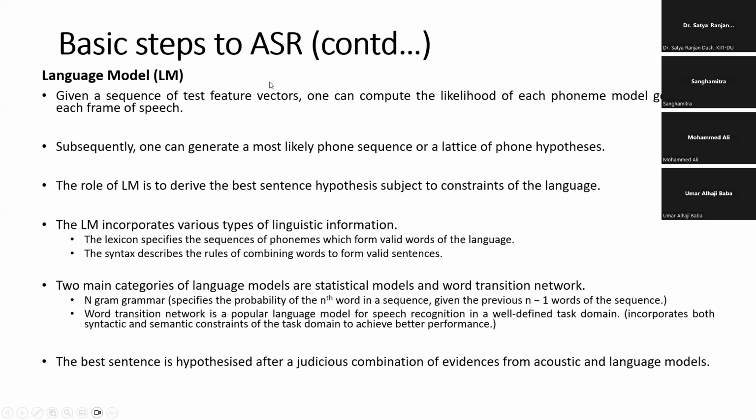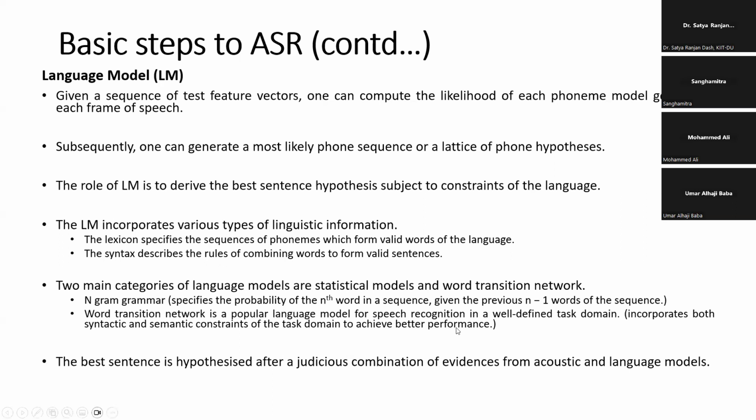Now, coming to the language model, the main objective is that it should derive the best sentence hypothesis subject to the constraints of the language. Basically, there are two main categories of language models which are commonly used. One is the statistical model, which uses n-gram grammars.